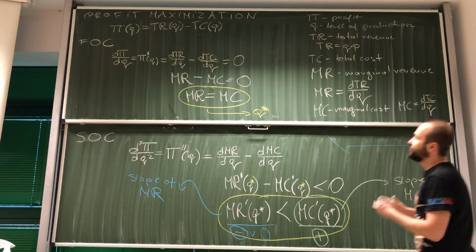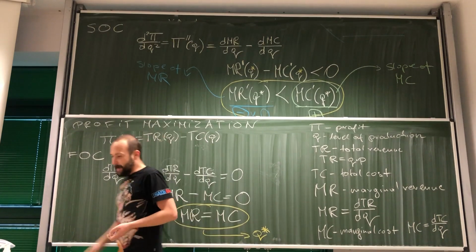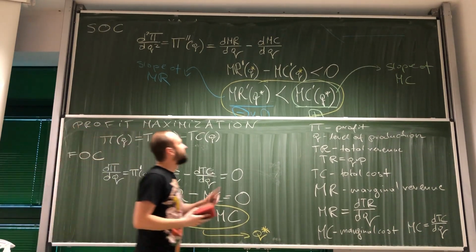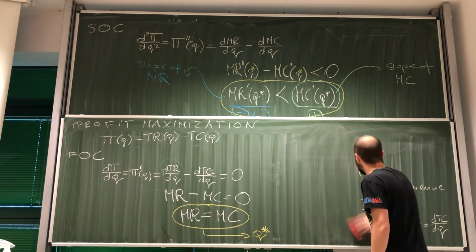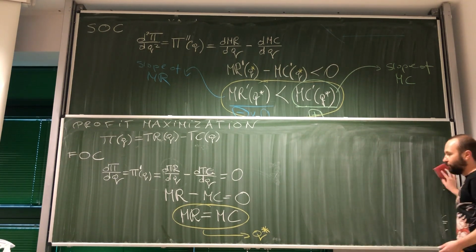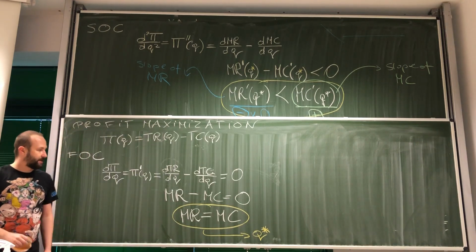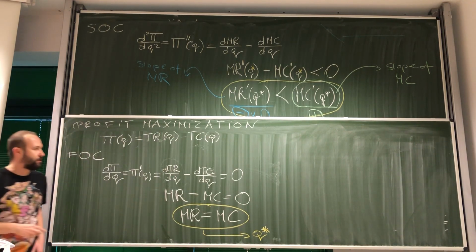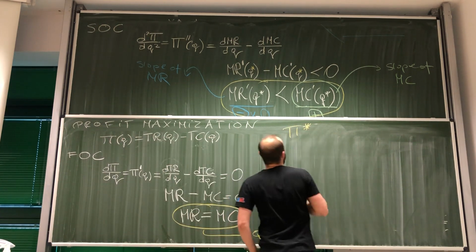Okay, so now let me just point out what we should do at the very end. Once we have found the level of production that maximizes our profit, we can find the maximum profit. How do we do it?